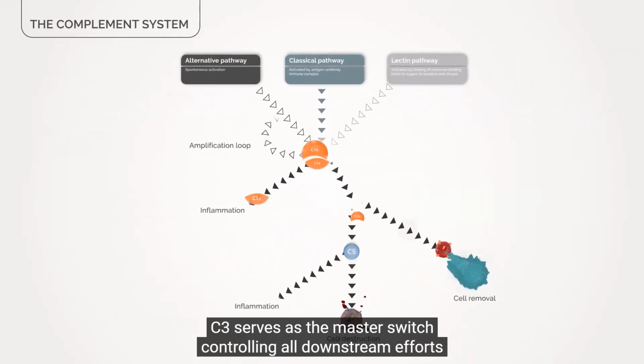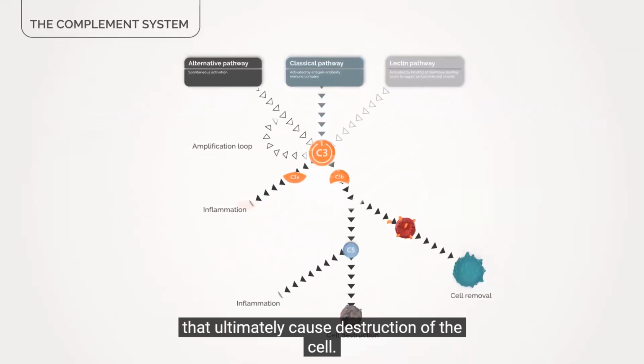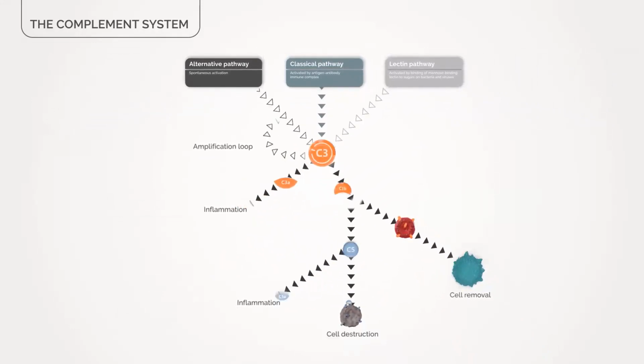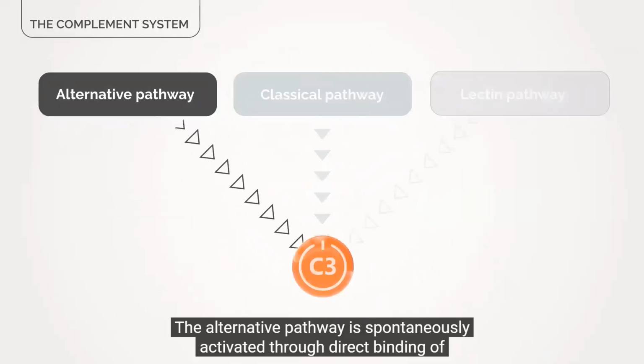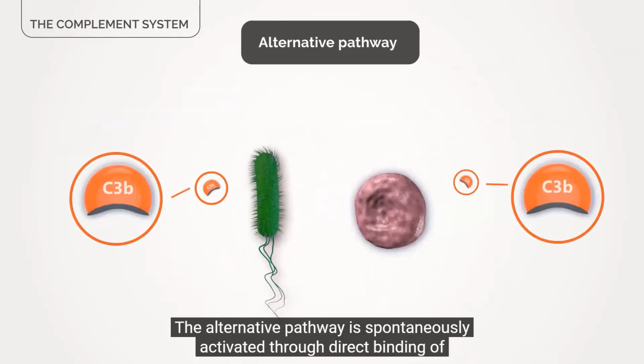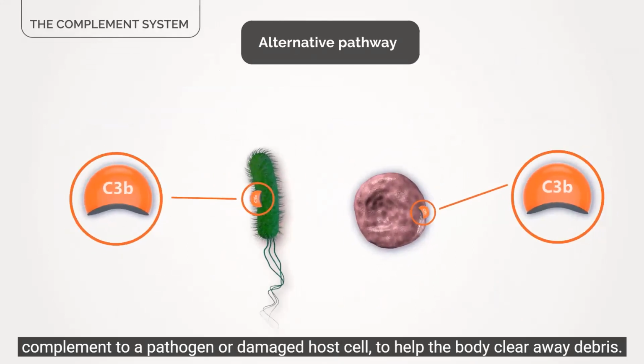C3 serves as the master switch, controlling all downstream effectors that ultimately cause destruction of the cell. The alternative pathway is spontaneously activated through direct binding of complement to a pathogen or damaged host cell to help the body clear away debris.